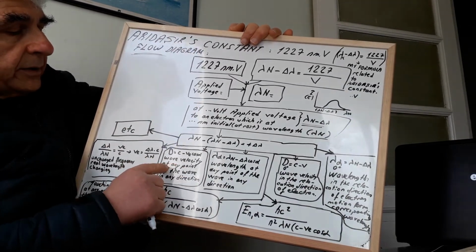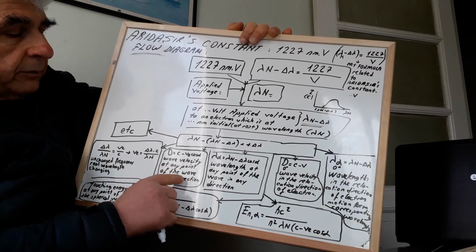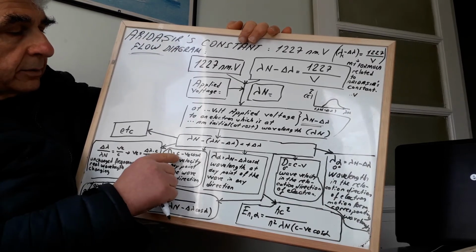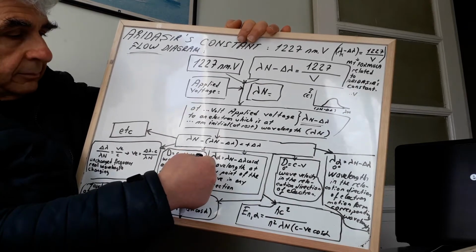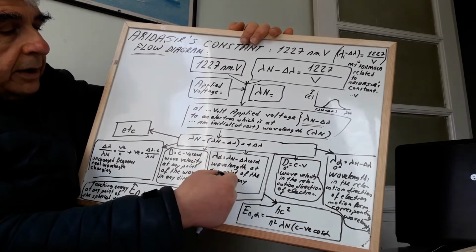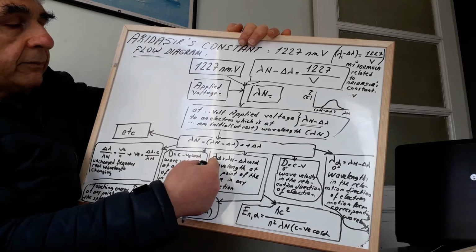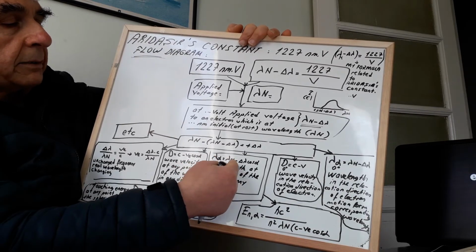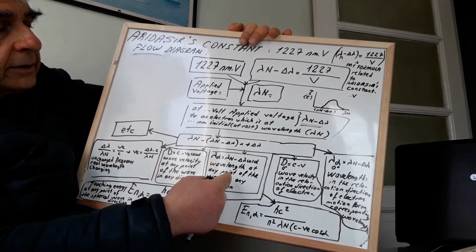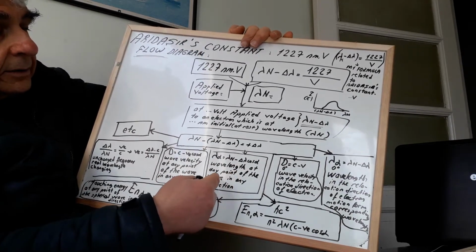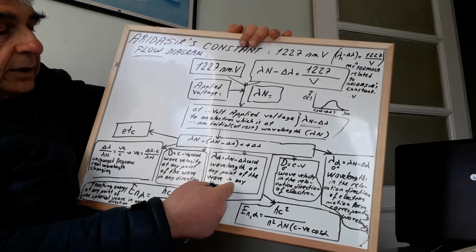The wave velocity at any point of the wave in any direction we can find from that. And we can find lambda alpha equals lambda n minus delta lambda cosine alpha, the wavelength at any point of the wave in any direction.